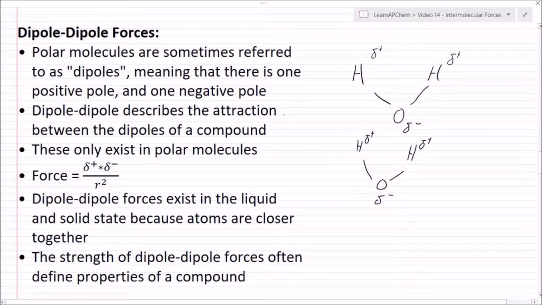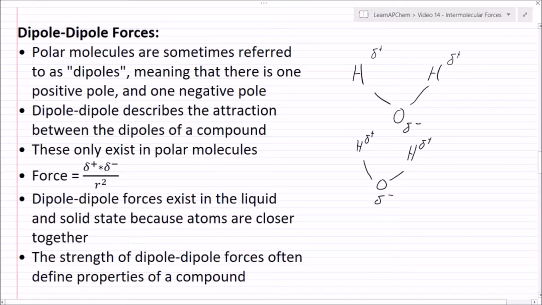The force of a dipole-dipole can be described by equaling the strength of each dipole all over the radius squared. So as our radius between becomes bigger, our force goes down. Similarly, as the strength of our dipoles go up, our force is going to increase. Now, dipole-dipole forces exist in the liquid and solid state, again because the atoms are closer together.